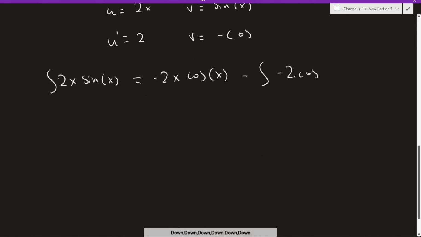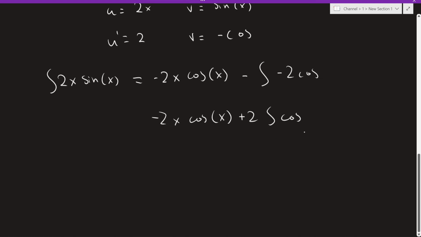Okay, we can take negative 2 outside, and it's going to be positive 2. So negative 2x cosine x plus 2 times the integration of cosine. The integration of cosine is sine. So the result is negative 2x cosine x plus 2 sine x.